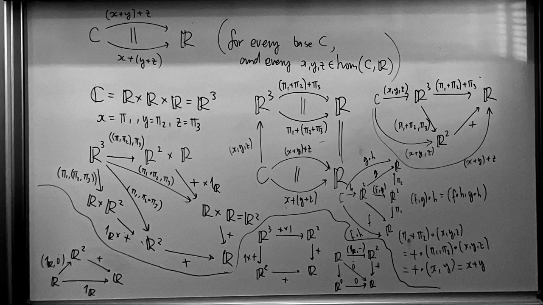And then one can check that when I compose this with that, I will actually get exactly that morphism, x plus y plus z. And when I compose this with that, I will actually get I1 plus I2 plus I3.